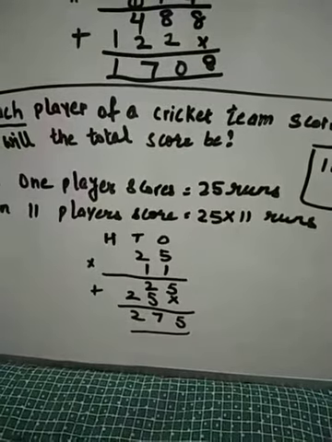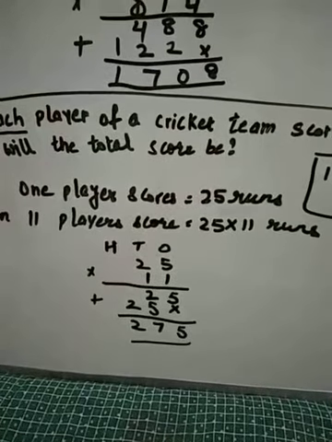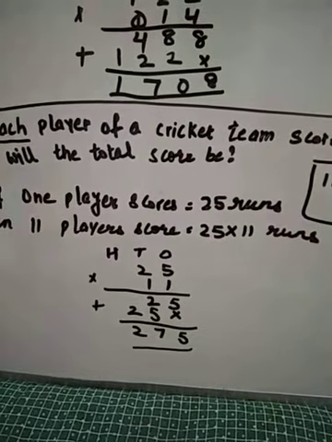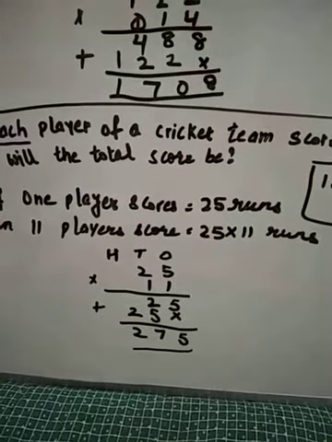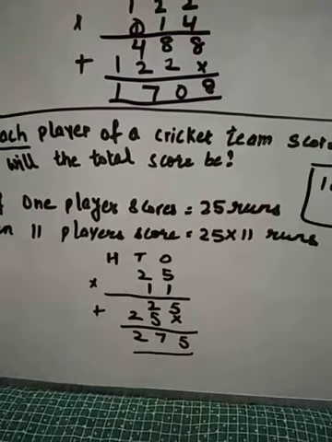Now you can see that how many scores will be scored by 11 players, 275 runs. How many runs they have scored? 275 runs.